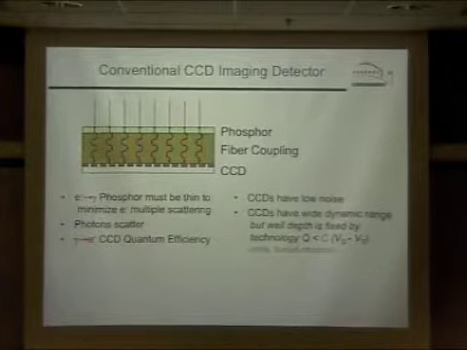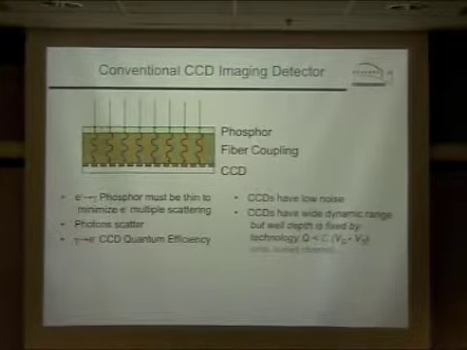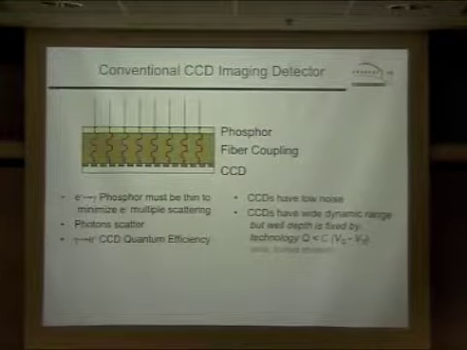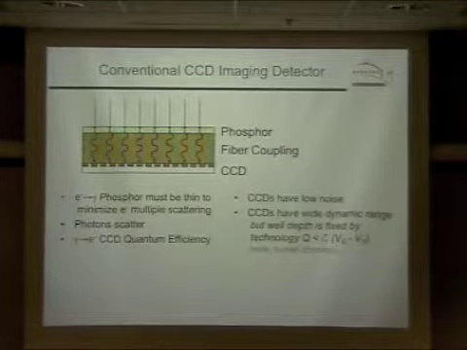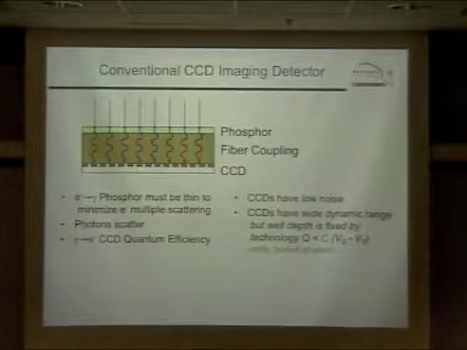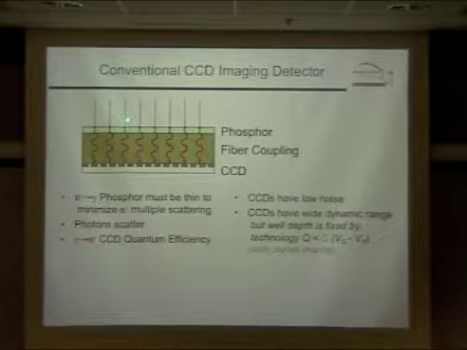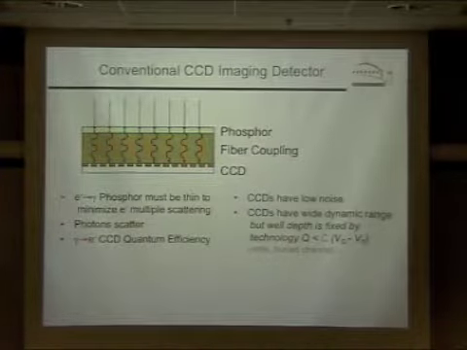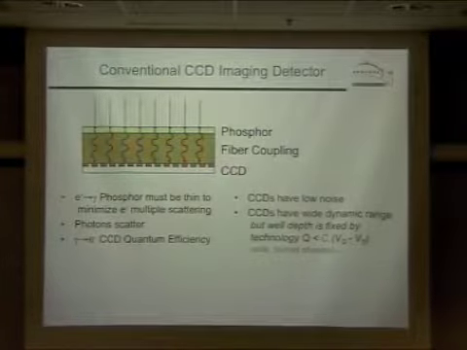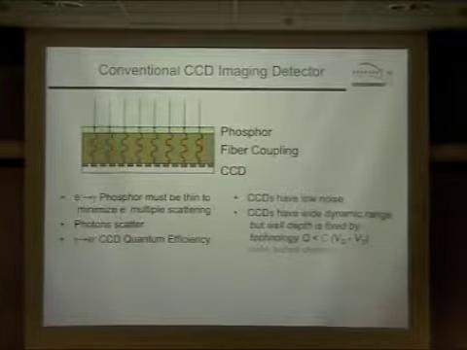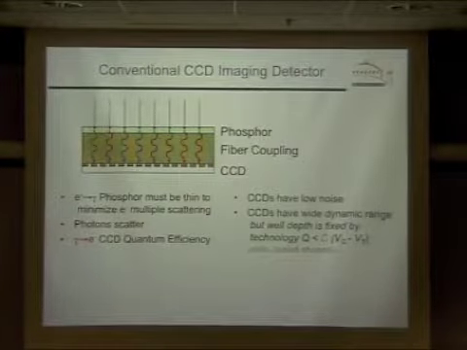Just a couple of characteristics that by now I expect you're pretty familiar with: the scintillator has to be fairly thin in order to avoid scattering of electrons and photons within the scintillator. But what that means is that a lot of electrons also go through the scintillator layer, just like they go through the emulsion of the film. So in many cases, only a small fraction of the electron energy is actually captured in the scintillator.